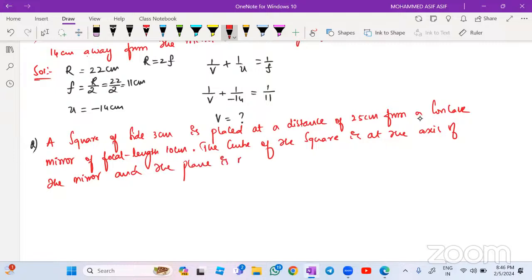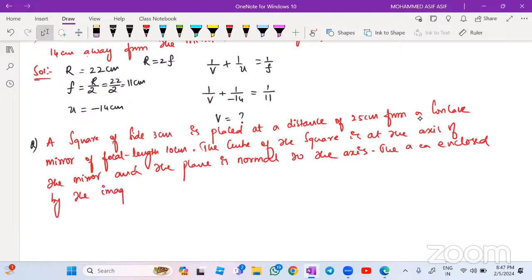The question is the area enclosed by the image of the wire is.